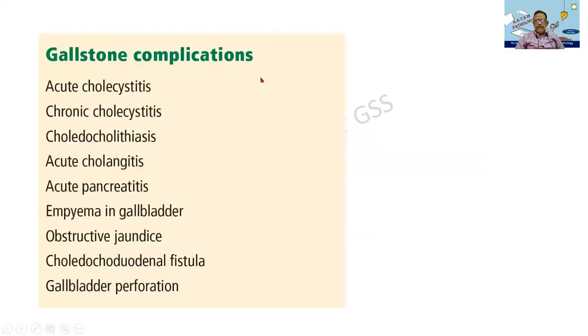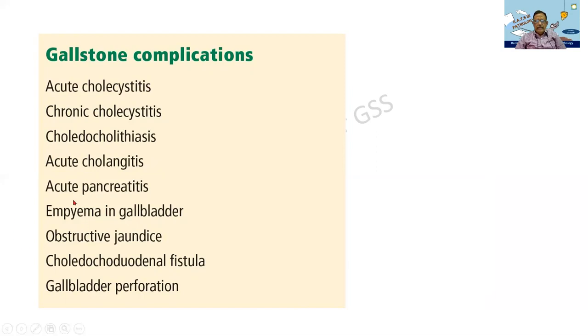What are the complications of gallstones? Acute cholecystitis, chronic cholecystitis, choledocholithiasis, which is formation of stones again, acute cholangitis, a severe inflammation of the duct, and pancreatitis. Only in the last class I had mentioned, acute pancreatitis can be because of alcohol or gallstones.